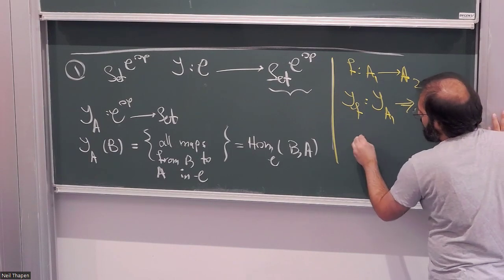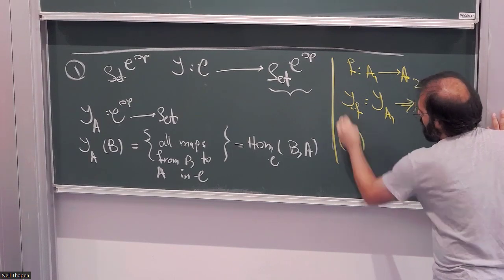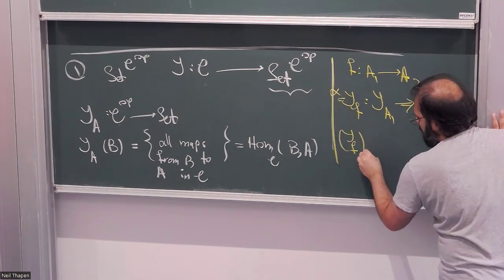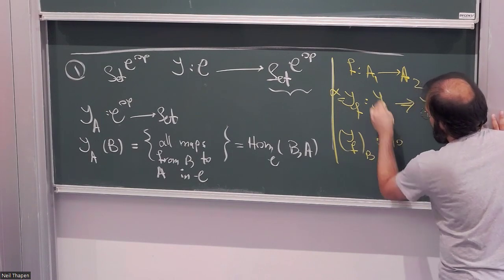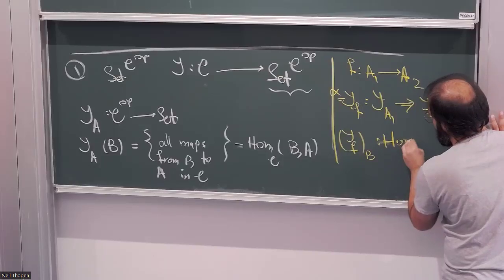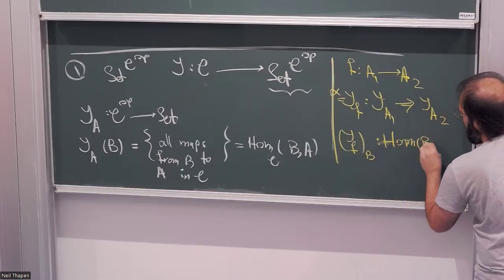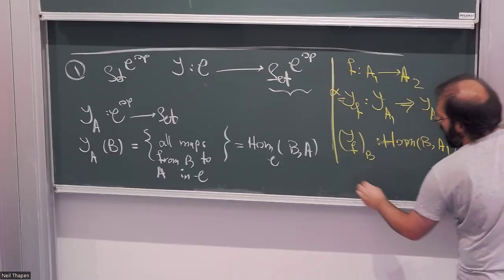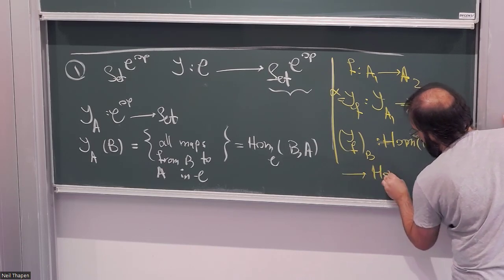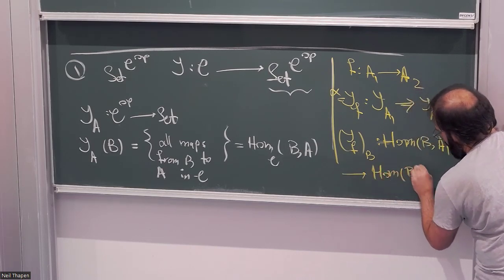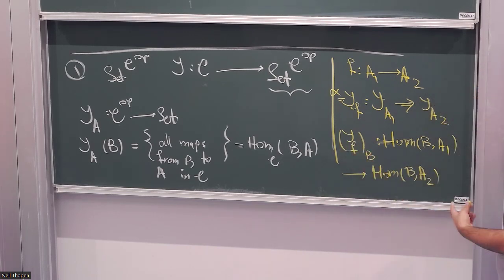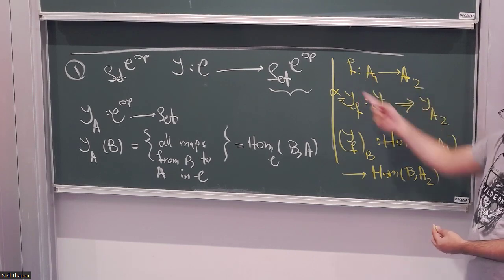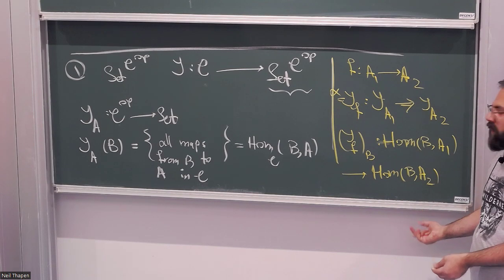So this is my alpha, alpha B. It must go from Hom(B, A1) to Hom(B, A2). I have to define this function, and of course it is just composition with F. B goes to A1, then compose with F.